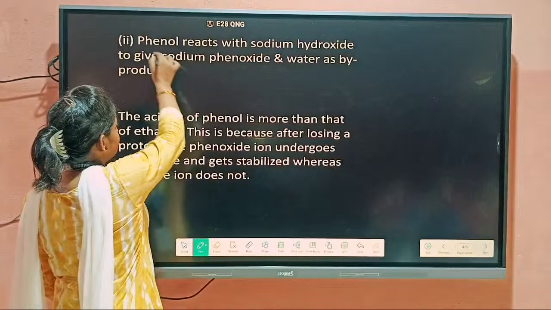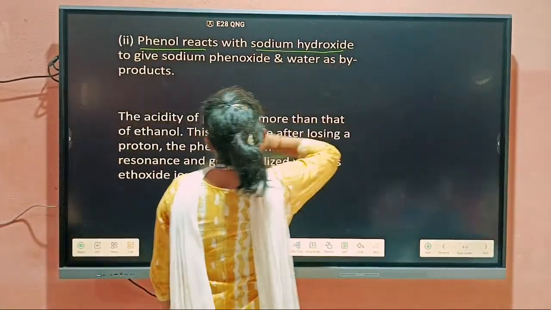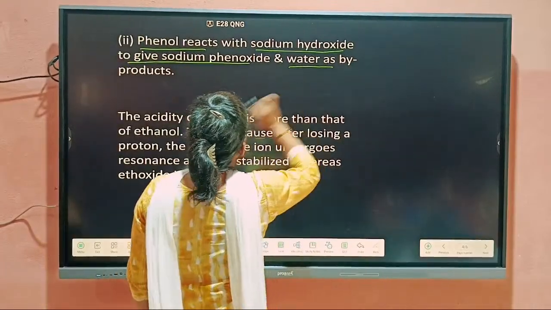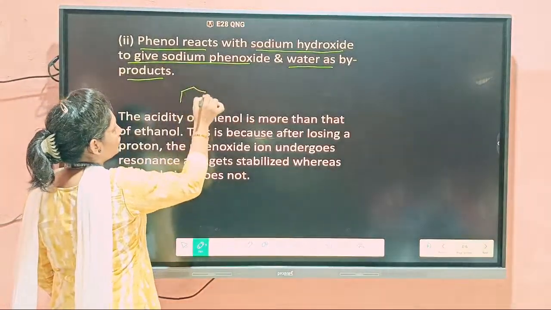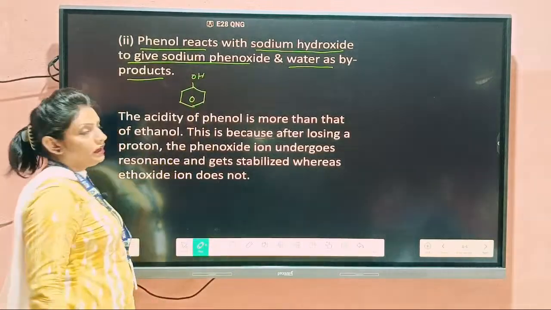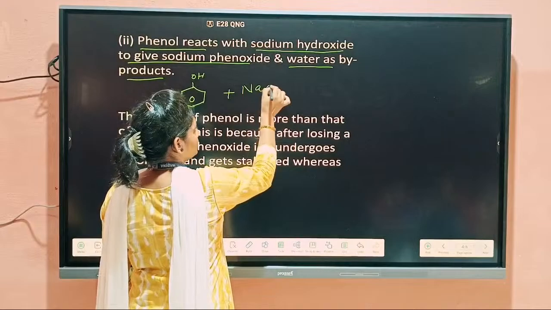Our next reaction is when phenol reacts with sodium hydroxide to give sodium phenoxide and water as the by-product.